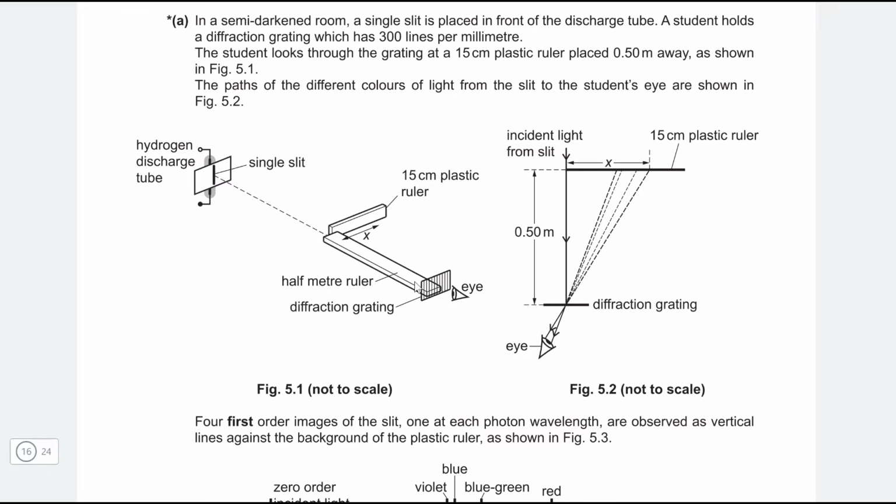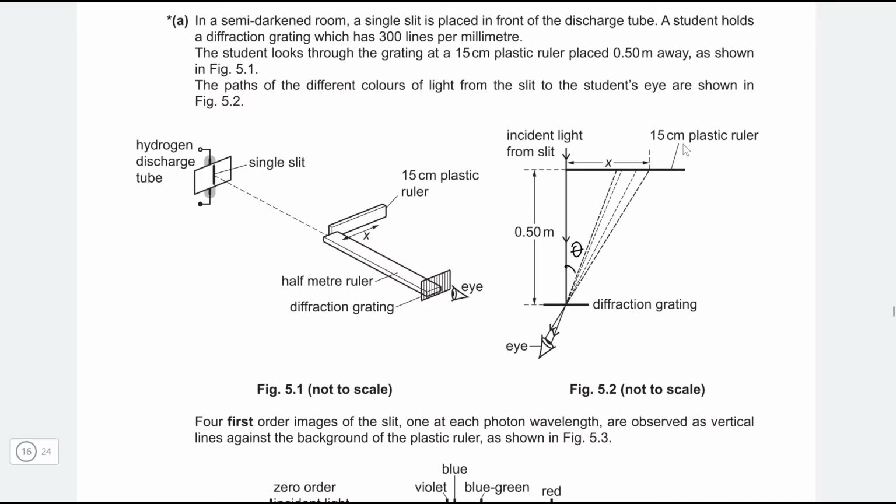Okay, well, we're given the following information. So we have some incident light from the slit, and we're given that this distance here is 0.5 meters. This one here is 15 centimeters. So we could really easily calculate our angle of diffraction.